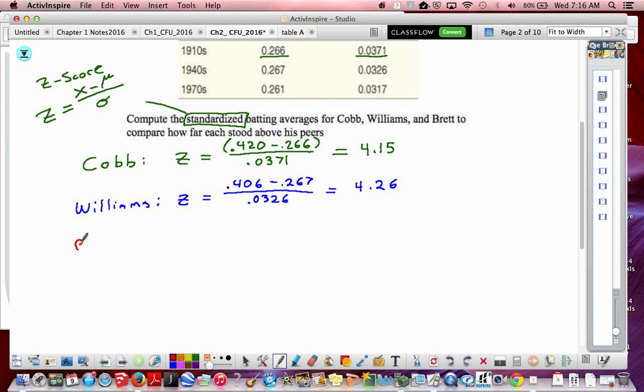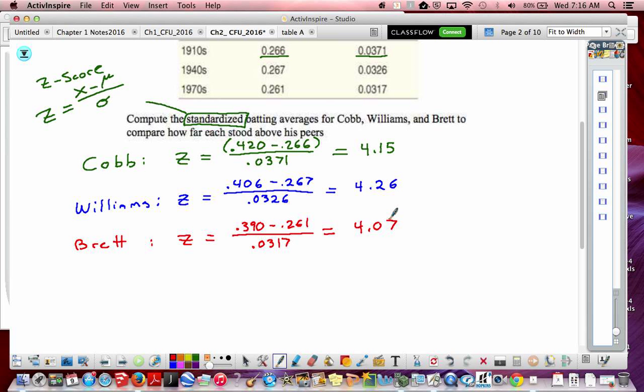Then we take a look at George Brett. He only batted .390, but again, the batting average was a little bit less for his era, and his standard deviation was even smaller. We calculate out that z-score. He is also 4 standard deviations above the mean, not quite as far as Williams and Cobb.